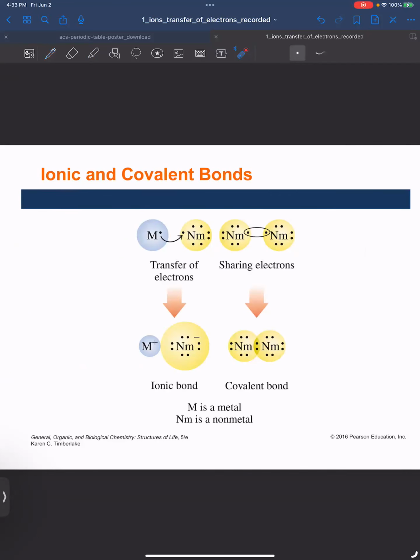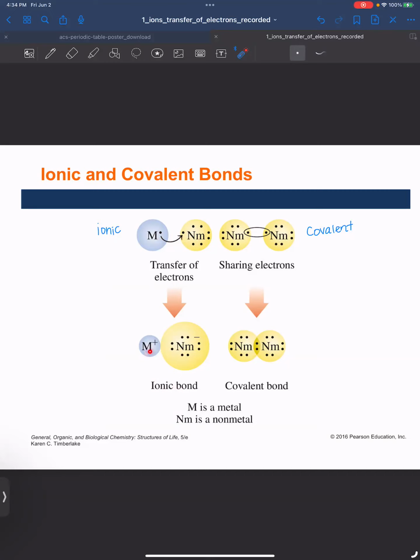And so this is just showing you a very general representation between ionic and covalent. So notice M stands for metal, N, M, nonmetal. So we will learn that to form an ionic bond, a metal will transfer its electron or electrons to the nonmetal to form an ionic bond.